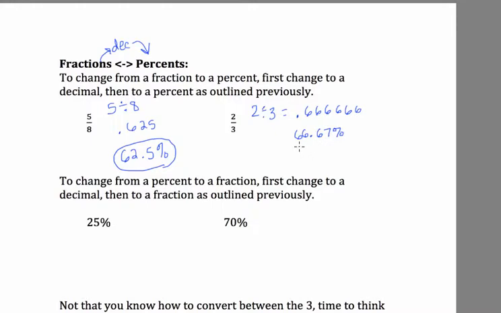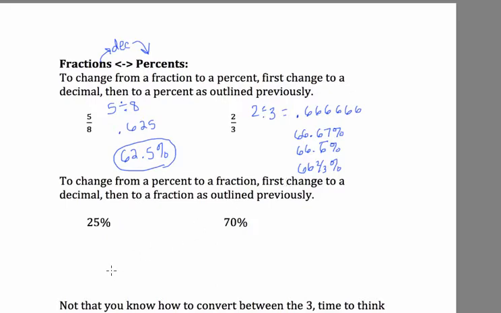You could use your repeating bar. 66.6 repeating percent. Or 66.6 repeating. The 0.6 repeating, that's the same as 2/3. So you could put 66 and 2/3%. Any of those is fine.